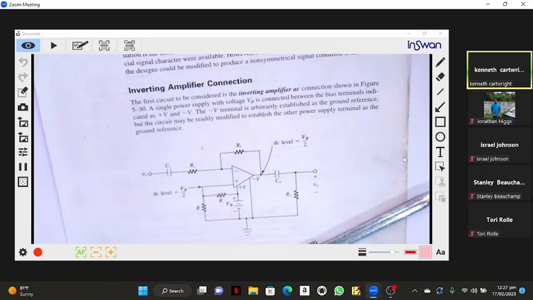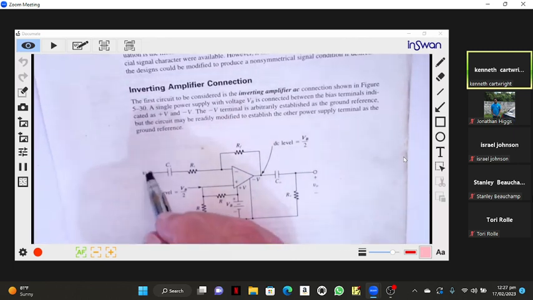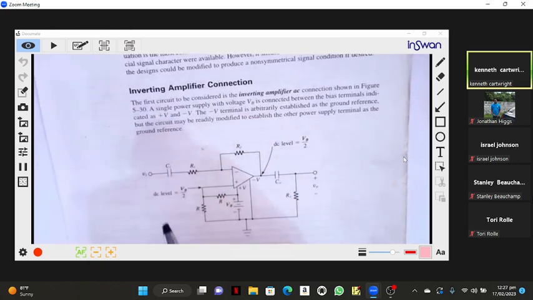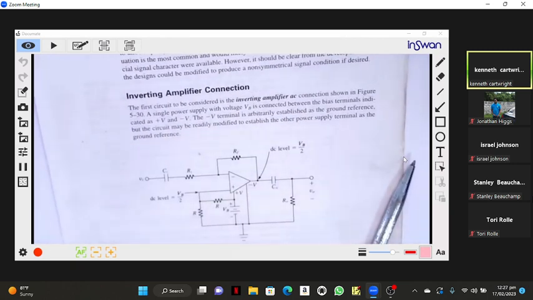Same is true for the input capacitor, except that there's an input source here. And if this capacitor wasn't there, DC would flow this way to the source, maybe burning it up. We talk about all this in 235.